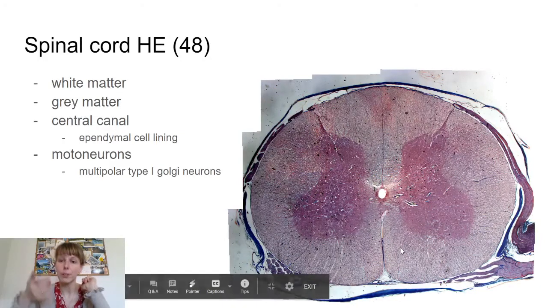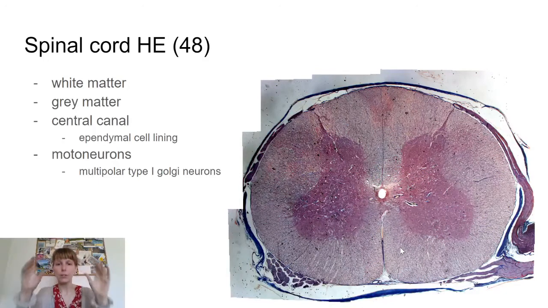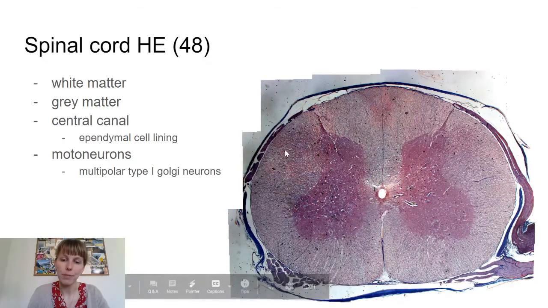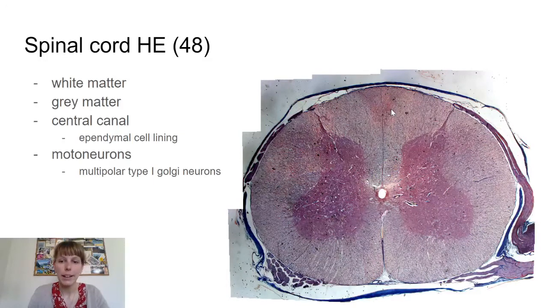So it's reversed. In the brain, on the surface you have the cortex. In the cerebellum as well, on the surface you have the cortex, which is gray matter, with many cell nuclei and cell bodies. And in the spinal cord, the white matter is surrounding the gray matter. So it's the other way around, and the white matter is where all the tracts going up to the brain and down to the periphery will be going.